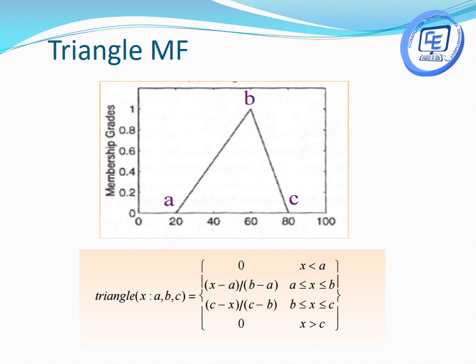If x is above C, then it will be 0. If x is between A and B, then the value is x minus A divided by B minus A. And if x is between B and C, then the value is C minus x divided by C minus B. So these are the values for the triangular membership.